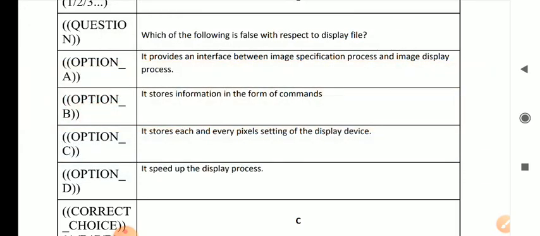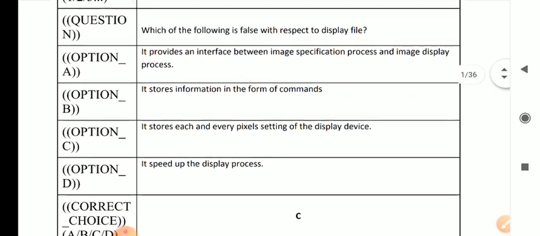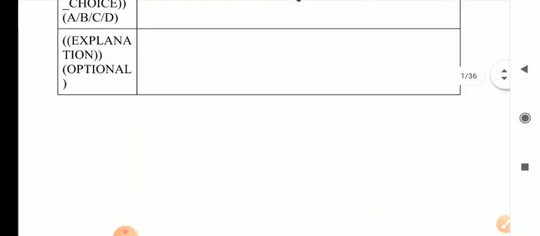Third one, it stores each and every pixel setting of display device. Okay, this is false because in display file we are going to store commands, so we are not going to store each and every pixel information. And fourth one, it speeds up the display process. So this is true about the display file processor.